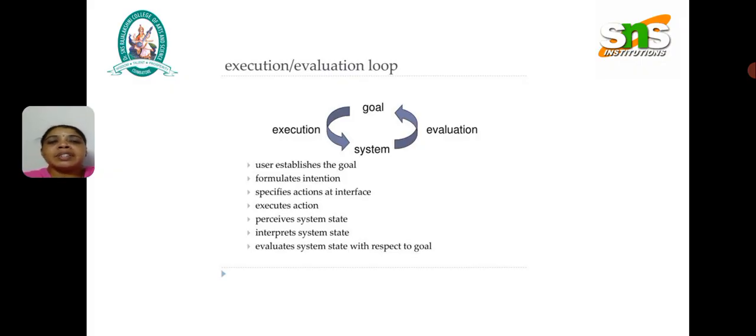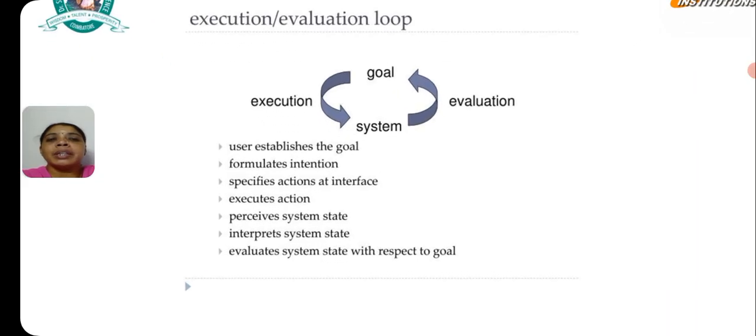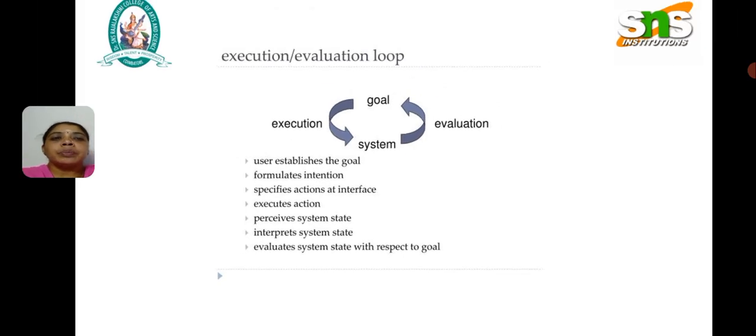So there are different steps in that: establish the goal, formulate the intention, specify action at the interface, execute action, perceive system state, interpret the system state, evaluate system state with respect to the goals. This is the structure of the loop.